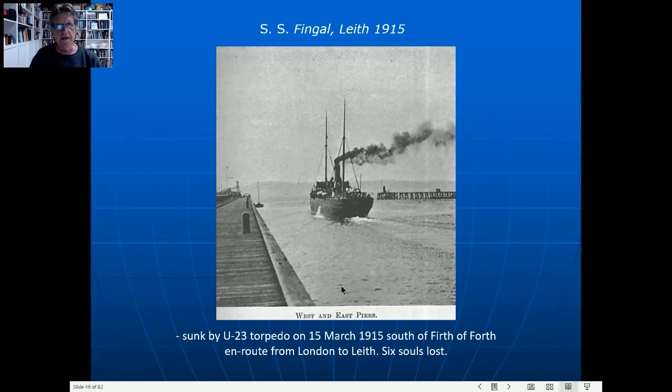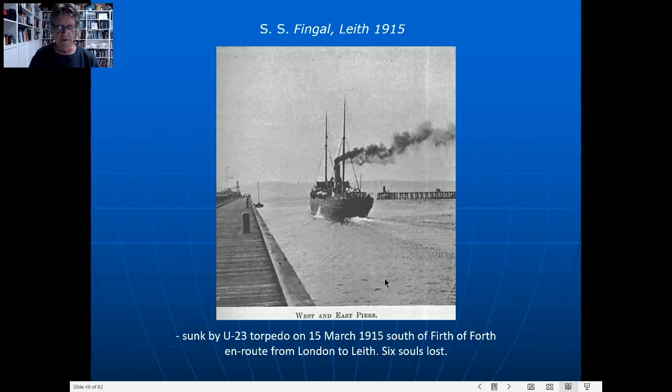Now, in March of 1915, the war had started with Germany, and German submarines were up and down the east coast of Britain, as well as a lot of other places, but they were going past Edinburgh. And this particular ship, the Fingal, was sunk in March 1915 off the Firth of Forth, so off Edinburgh.